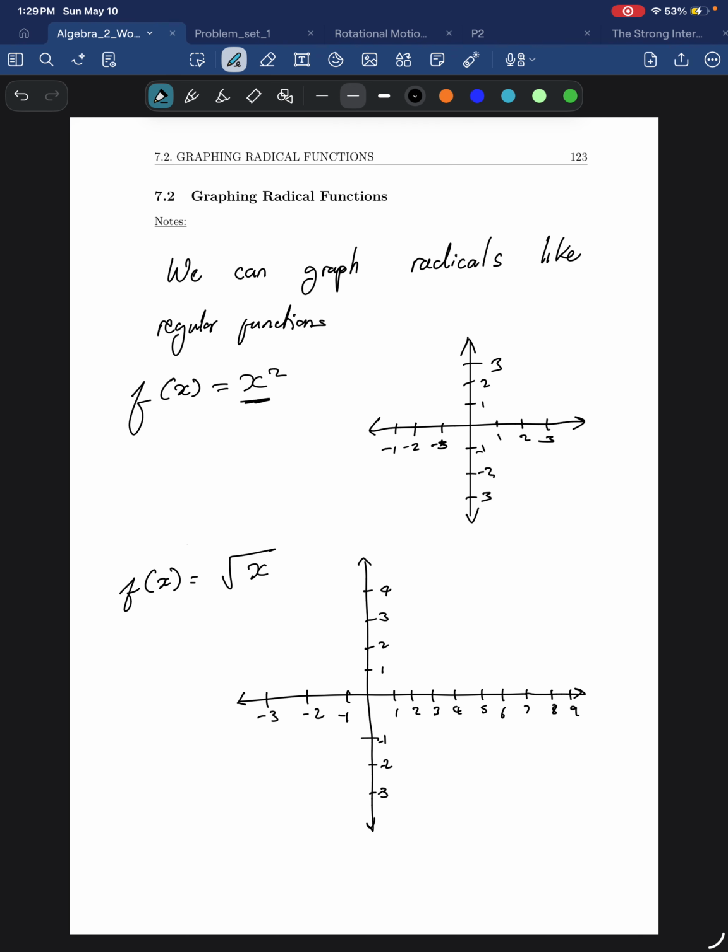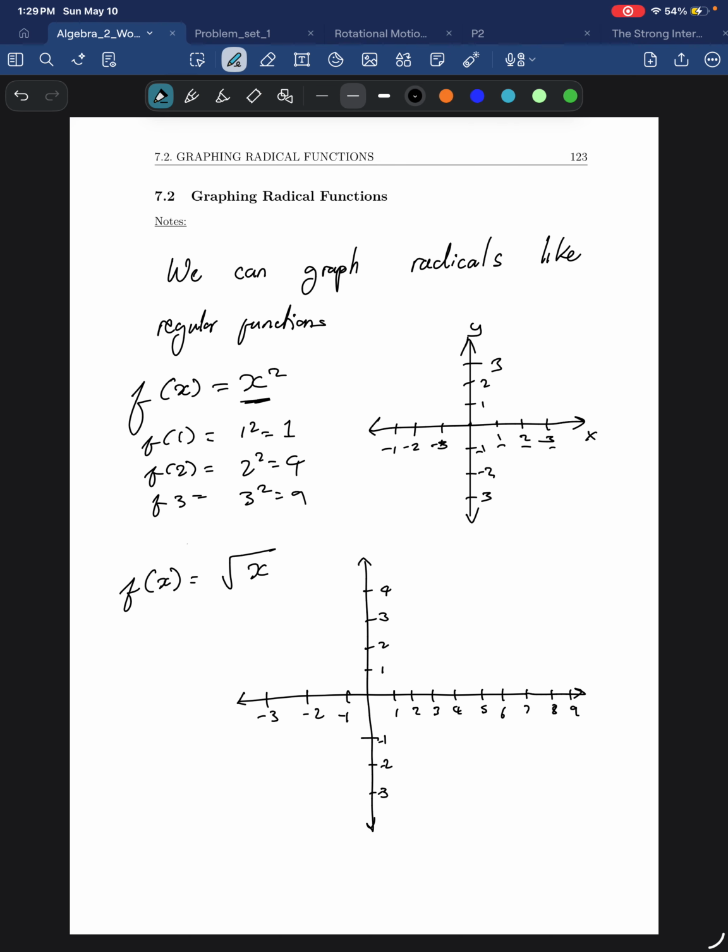But really, if I know I have x squared as my function, I can plug in numbers from the x-axis. I know that f of 1 will be equal to 1 squared, it's going to be 1. F of 2 will be equal to 2 squared, it's going to be 4. F of 3 is going to be equal to 3 squared, it's going to be 9, right?